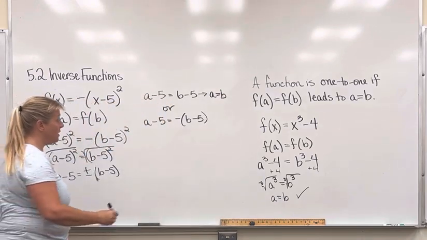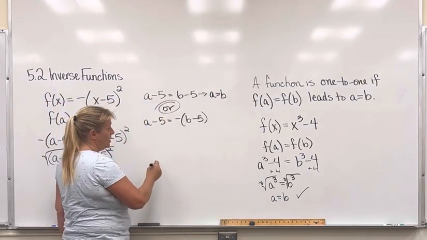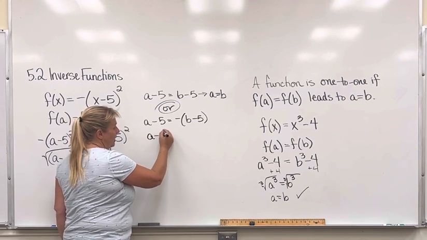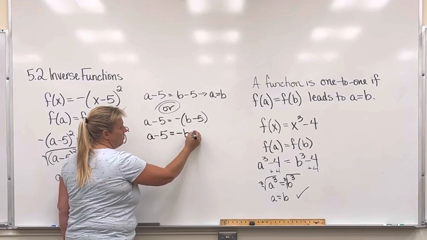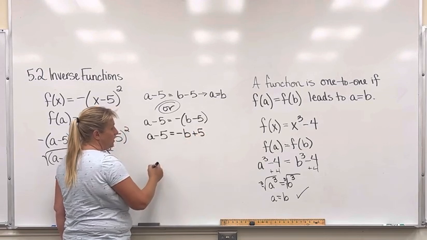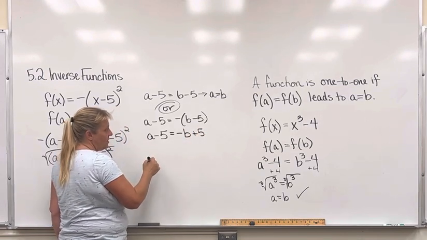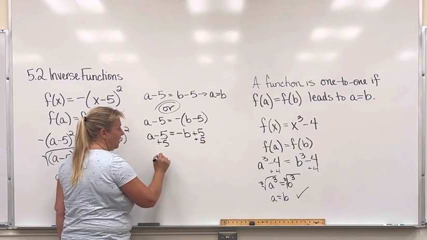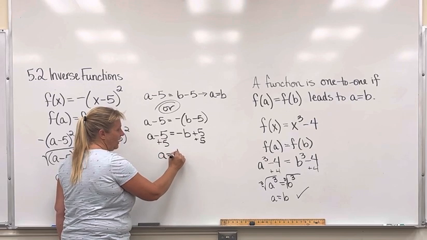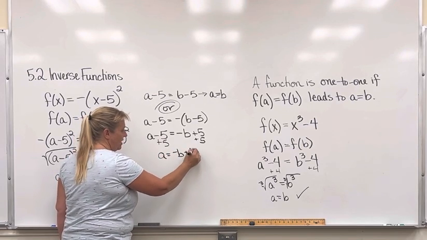And that looks good. But there's this word or. Down here, we've got A minus 5 equals negative B plus 5. So are the 5's going to cancel out? If we add 5 here and add 5 here, we get A equals negative B plus 10.